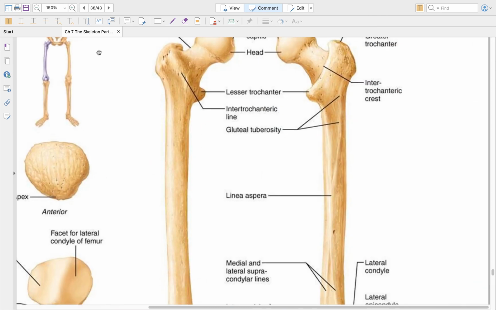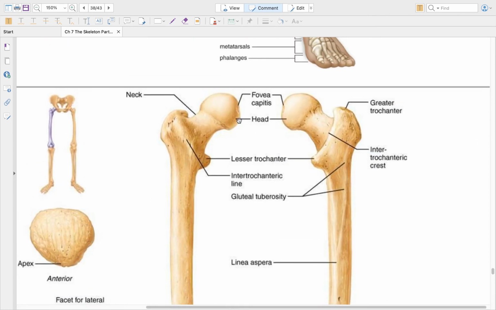Okay, now the femur, it's going to have this head. And that head fits right into the acetabulum. And then, of course, it has a neck. Okay, then it has the greater and the lesser trochanter.